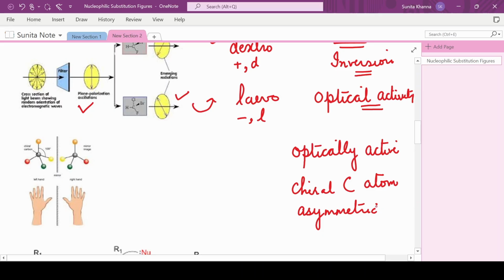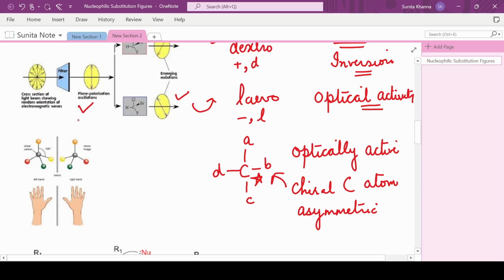Now what is an asymmetric carbon atom? An asymmetric carbon atom is a carbon atom which has all 4 valencies fulfilled by 4 different atoms or groups of atoms. So the carbon atom having all its valencies fulfilled by 4 different atoms or 4 different groups is known as the asymmetric or chiral carbon atom.